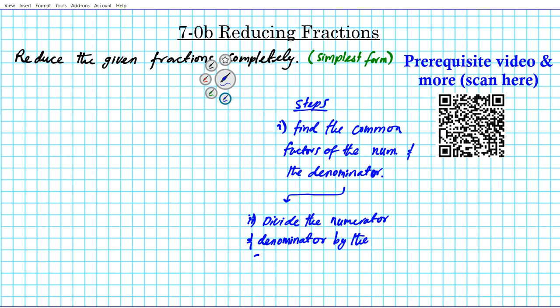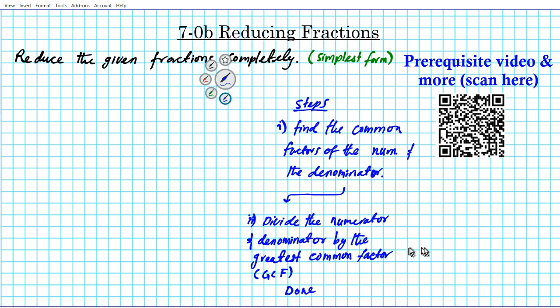Out of all the common factors, the biggest one is called the greatest common factor. So divide the numerator and the denominator by the greatest common factor. That is also known in short as the GCF. When you divide by the greatest common factor, after that, you are done.